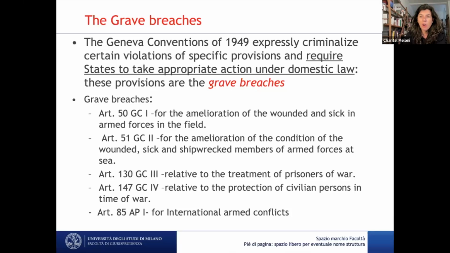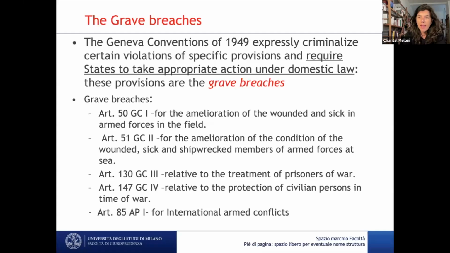For each of the Geneva Conventions, the article which criminalizes these violations has a different number. In the first one it is Article 50, as you can see in this slide, I just summed it up. Geneva Convention II is Article 51. Geneva Convention III is Article 130. Geneva Convention IV is Article 147. And for Additional Protocol I it is Article 85.